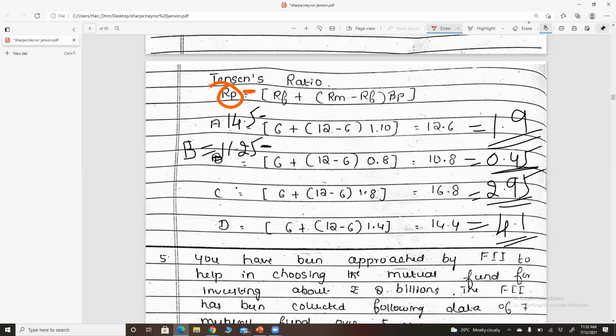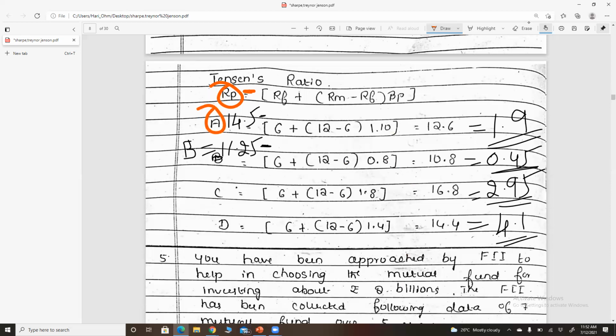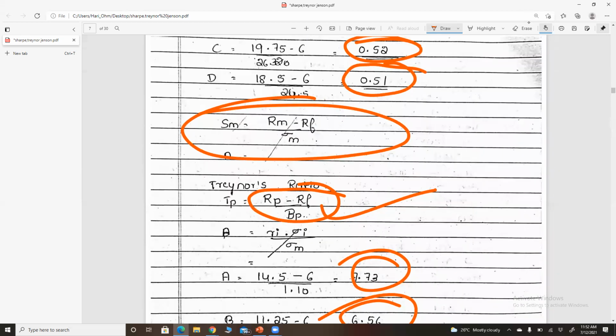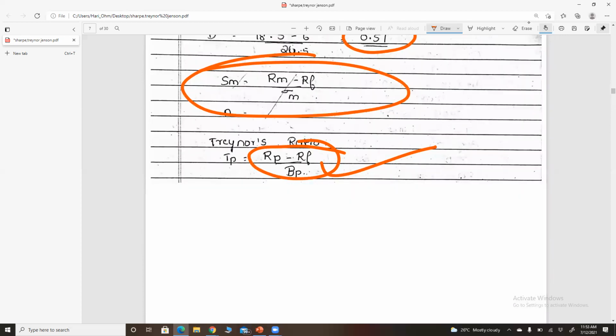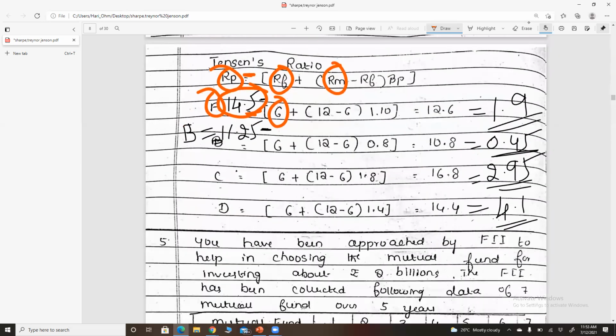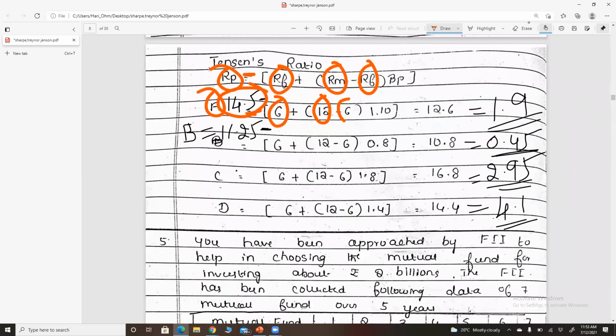For portfolio A, Rp is 14.5, minus Rf, which is 6, then Rm is 12. Market return is 12%. Then Rf is 6, beta 1.10.